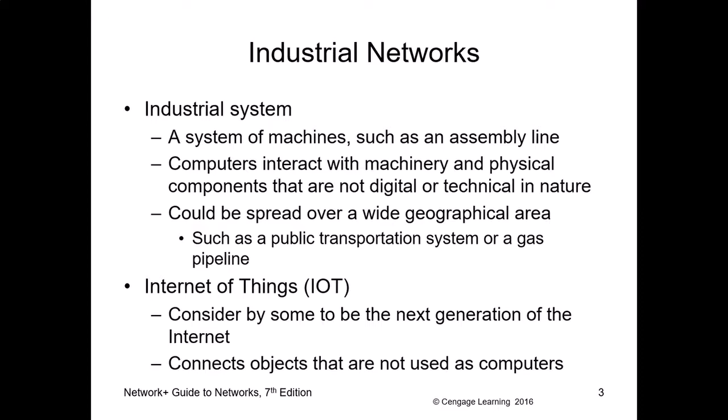When we're talking about an industrial system network, it's a system of machines, such as assembly lines or drill bits, that are controlled by a computer and pre-programmed to do something. All of those computers interact with machinery and physical components that are not digital or technical in nature.